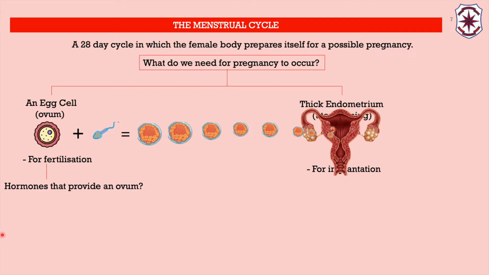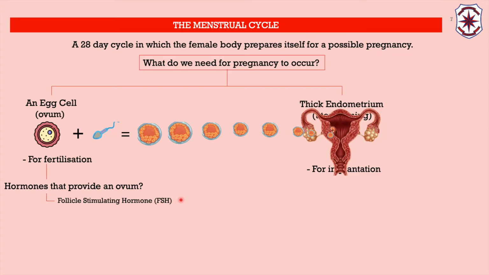Now, for the female body to produce an ovum, it depends on hormones. So which two hormones are responsible for facilitating the production of an ovum? The first one is FSH, the follicle stimulating hormone.